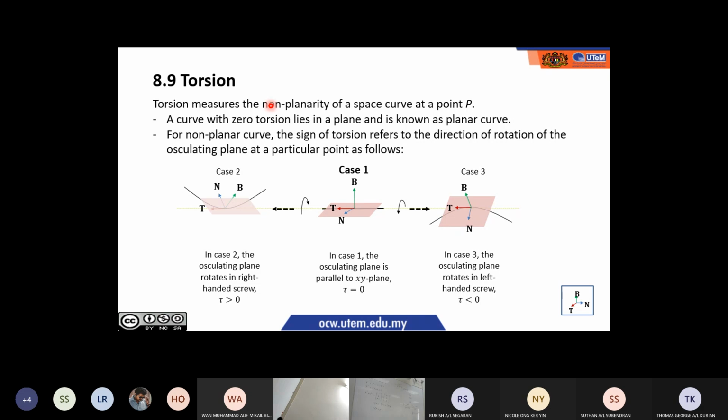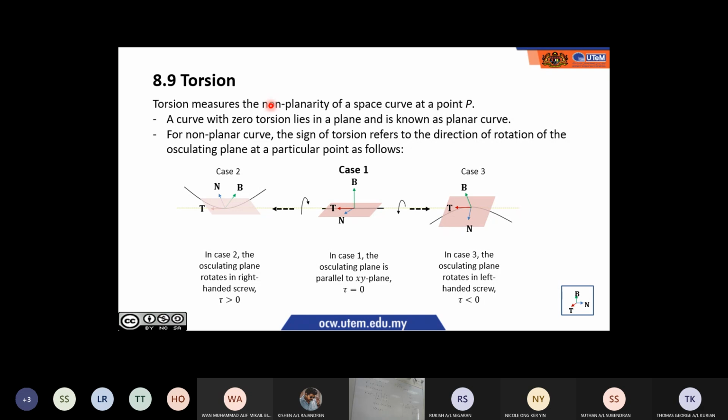Planarity means everything lies on the plane. That is planar. When it comes to non-planarity, that means the osculating plane is flipped, either a little bit or a lot. That is non-planar.